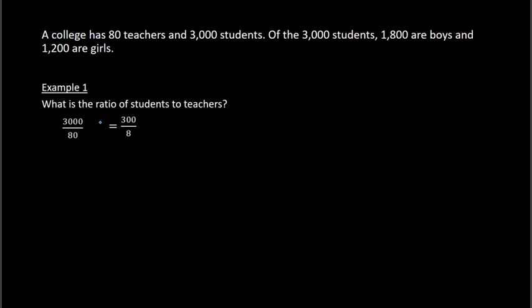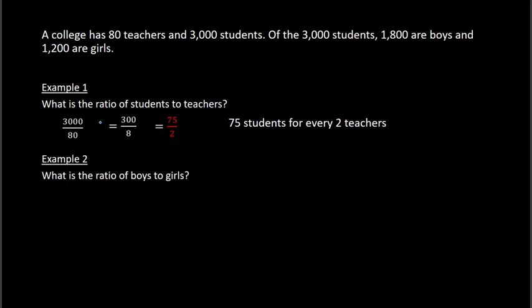And then I can divide the top and the bottom both by 4. So dividing the top by 4, I will get 75, and divide the bottom by 4, I get 2. So the ratio in simplified form would be 75 to 2. So what this means is that for every 75 students, there are 2 teachers.